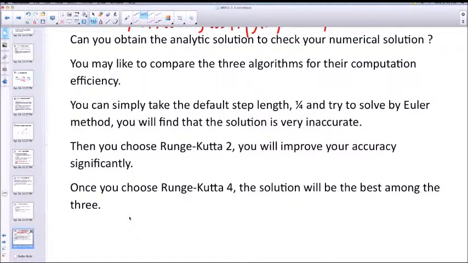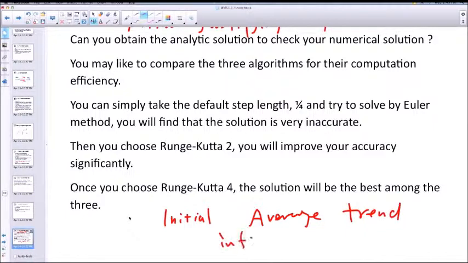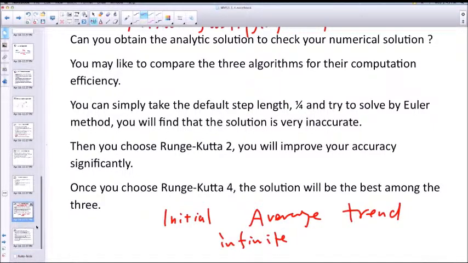But you do know the initial condition. You probably can know the average and the trend. But in the final, infinite situation, this can help you to verify your answer.